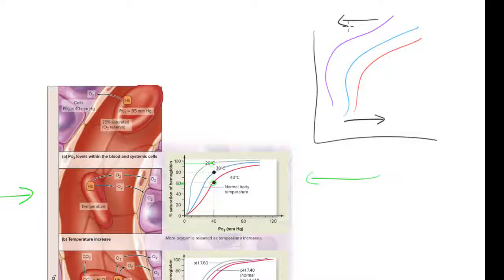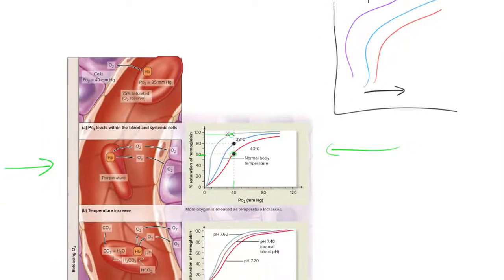And if it's a shift to the left, then you know that the hemoglobin has a greater affinity for oxygen and therefore a higher saturation. If it's a shift to the right, the hemoglobin is less likely to bind with the oxygen and therefore there is less saturation. So body temperature can cause a change.